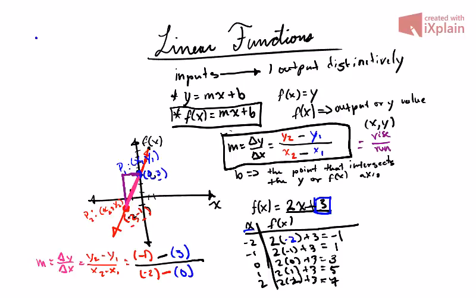This simplifies to -1 minus 3 is -4, -2 minus 0 is -2, and -4 divided by -2 is 2.